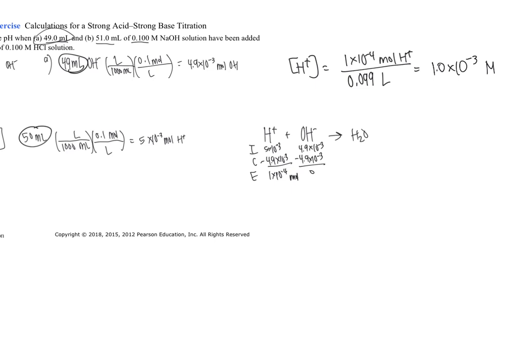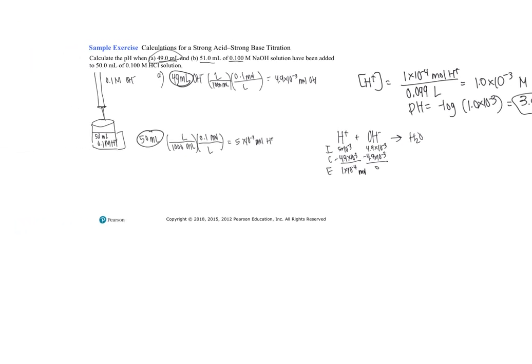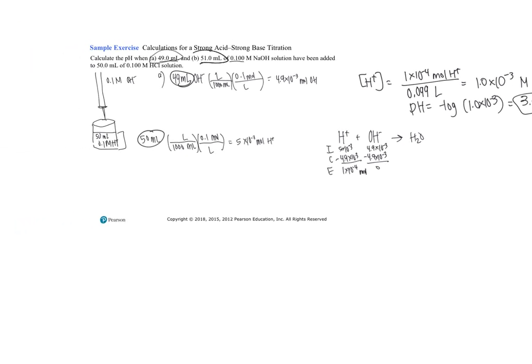So then if I negative log that to get my pH, my pH is going to be 3. Okay. So now let's find out what happens when I've hit 51 milliliters.